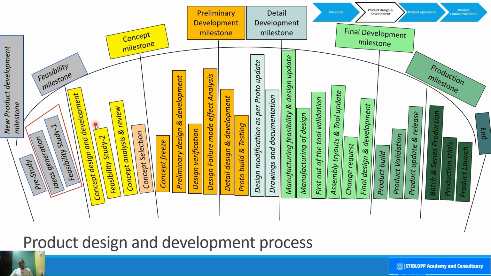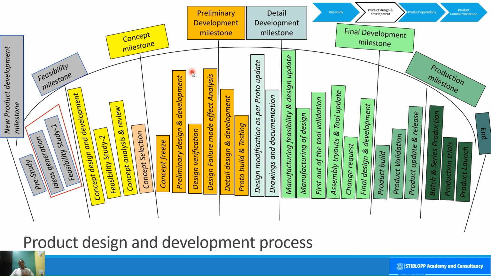So, whatever the concept we develop, we do the further feasibility study on those concepts at a more detailed level. And once we are done with this, the result is subjected to the concept analysis and review by the cross functional team or the internal stakeholders, which I was speaking about before. So, with the help of the cross functional team, we select one concept and freeze it, which is subjected to preliminary design and development.